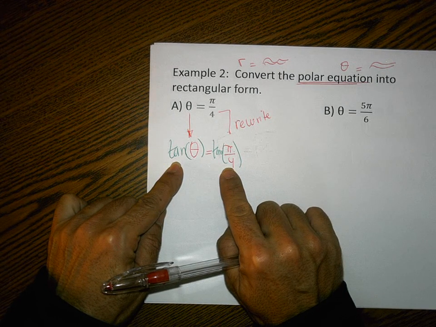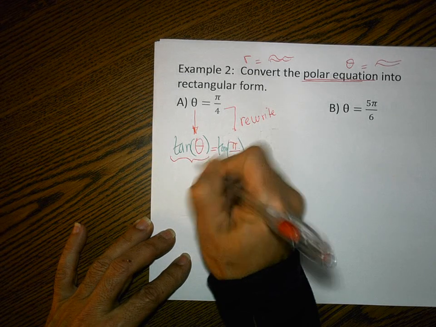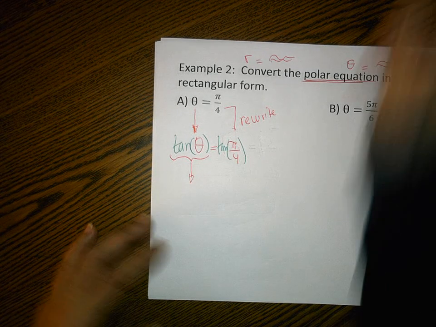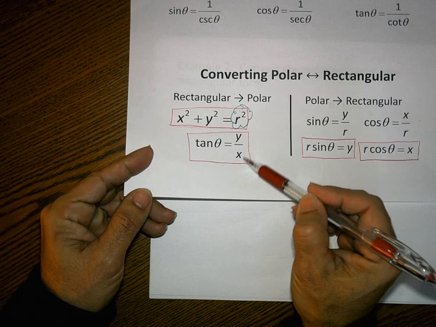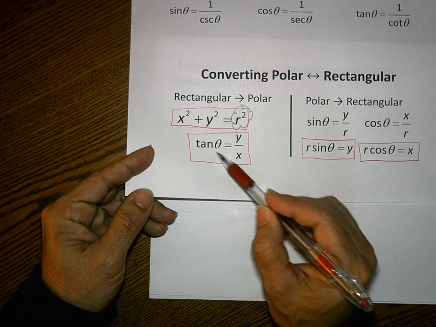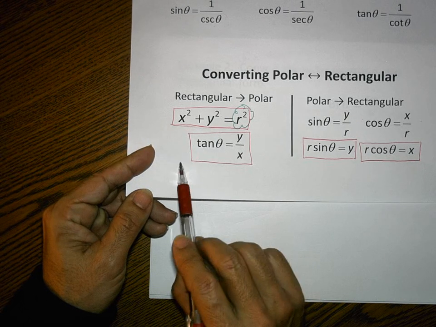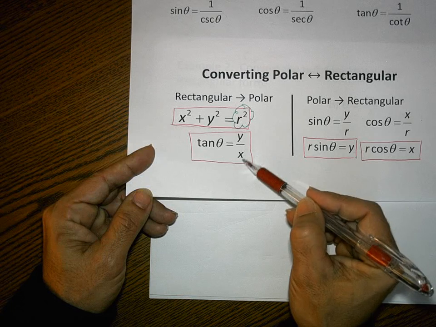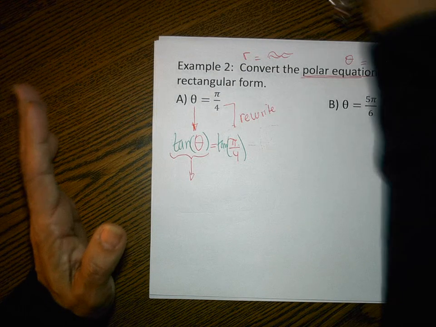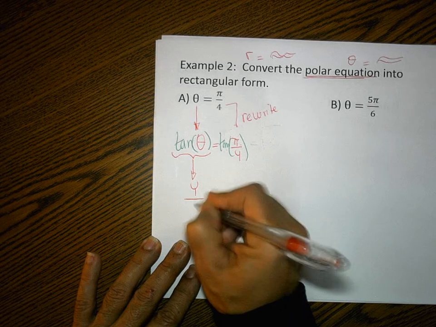So I wrapped the tangent around here on the left, and I wrapped the tangent around here on the right. What can I substitute for the tangent of theta? The tangent of theta is y over x. So every time I see a theta by itself, I can apply the tangent function to it, and then substitute a y over x.